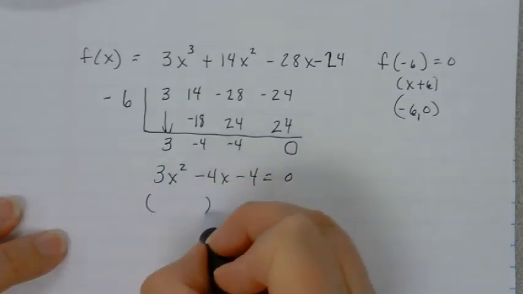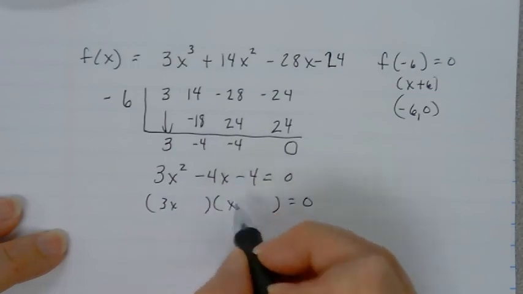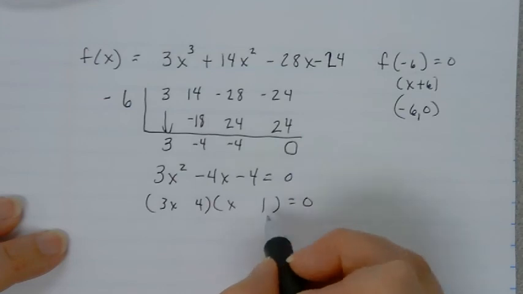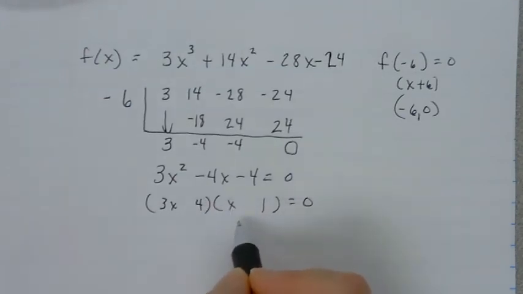So I'm going to check to see if it factors. 3x and x. And I think if this is 4 and 1, that should work, because this would be 3x and 4x. Well, I don't think that works.